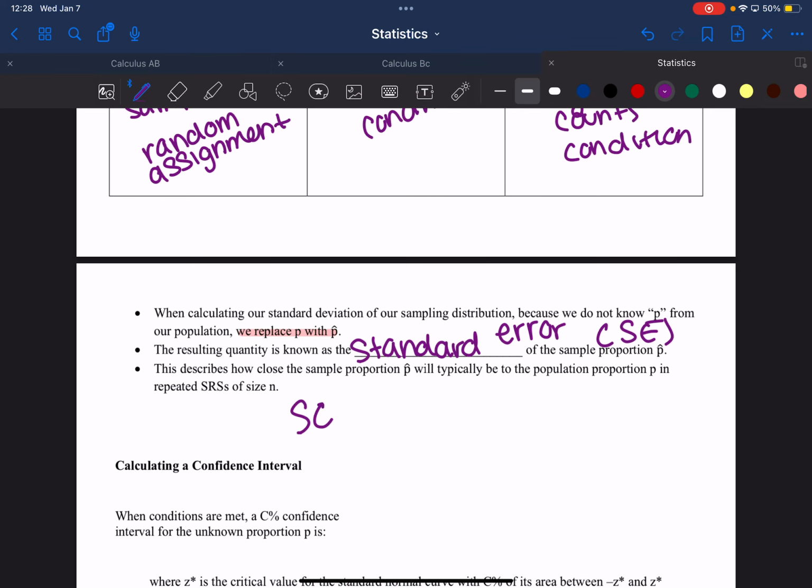So standard error of p hat is equal to the square root of p hat times 1 minus p hat over n. Should look familiar, that formula. But before, when we talked about it, it was just p. And I do believe this is on the formula chart. Okay.